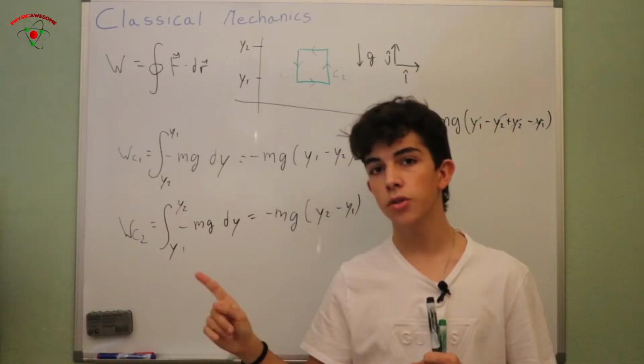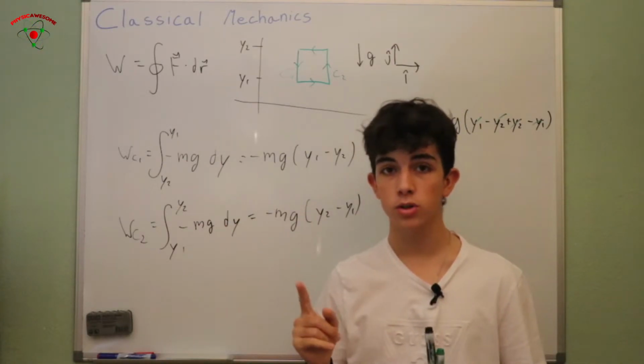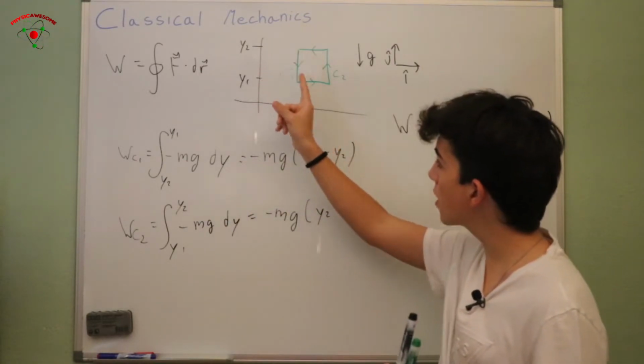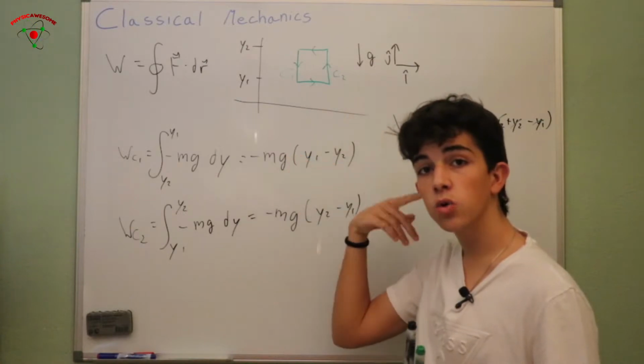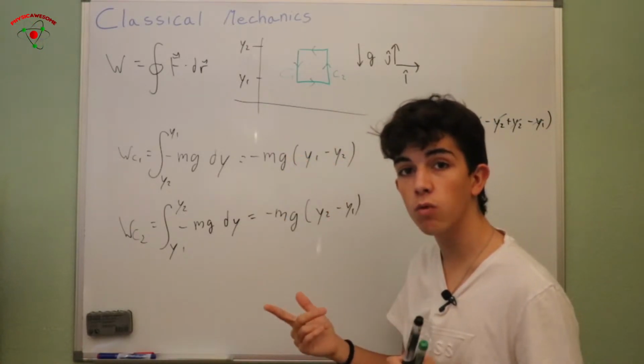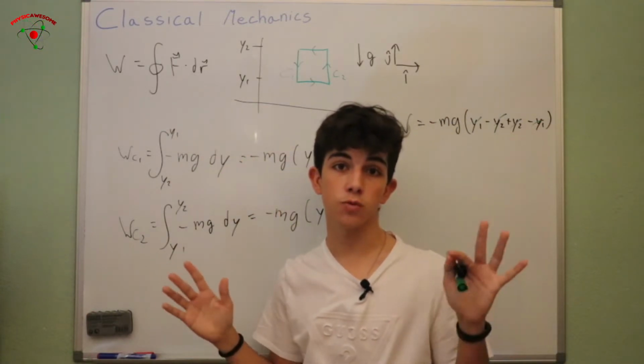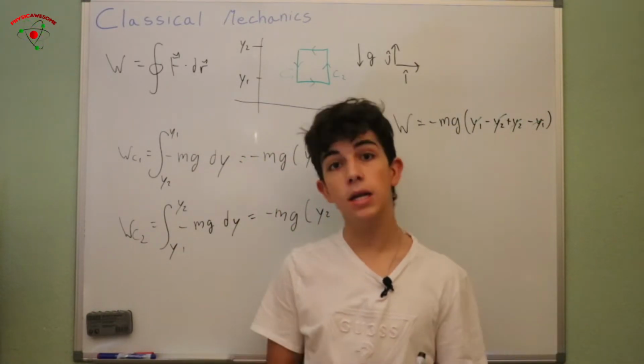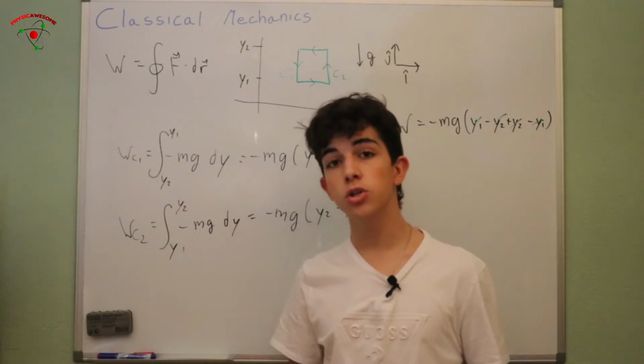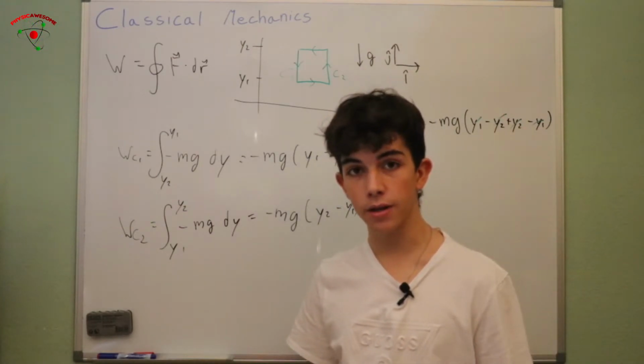This is what is called a conservative force, because when you go around some point, you are not having to do any work. And in these cases, and in most cases we are going to treat in classical mechanics, work is going to be path independent.